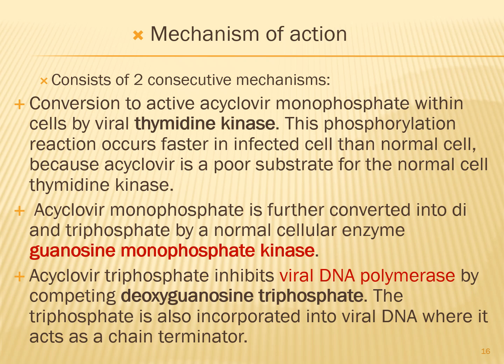This phosphorylation occurs faster in infected cells than normal cells because acyclovir is a poor substrate for the normal cell thymidine kinase. Acyclovir monophosphate is further converted into di- and triphosphate by the normal cellular enzyme guanosine monophosphate kinase. Then acyclovir triphosphate inhibits viral DNA polymerase by competing with deoxyguanosine triphosphate. The triphosphate drug is also incorporated into viral DNA, where it acts as a chain terminator.